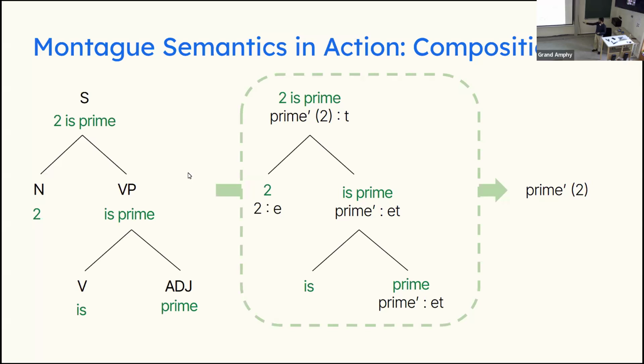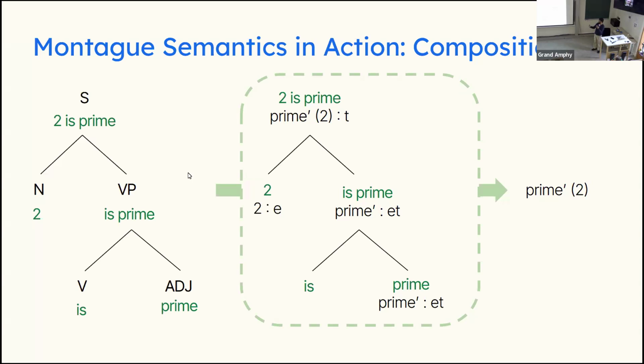So I have taken "is" to be semantically vacuous. So the meaning of the verb phrase "is prime" is just the same as the meaning of the adjective prime. And then the meaning of the sentence "2 is prime" is just the meaning of "is prime" used as a function, and the meaning of 2 as the argument.